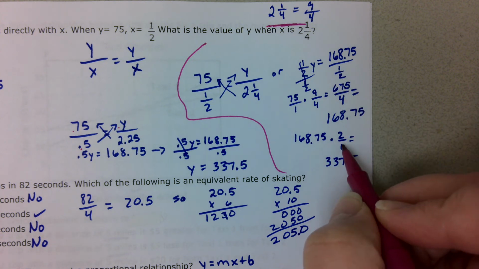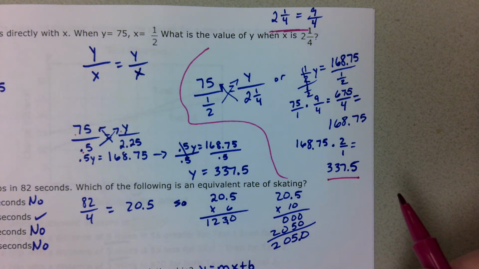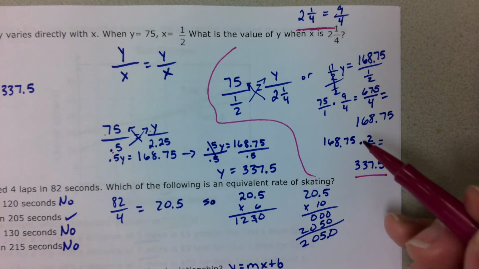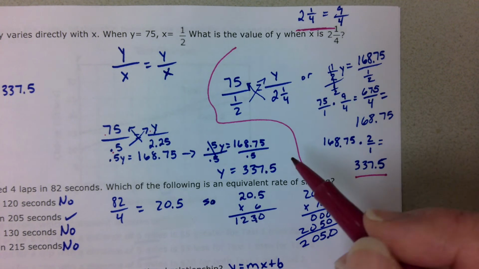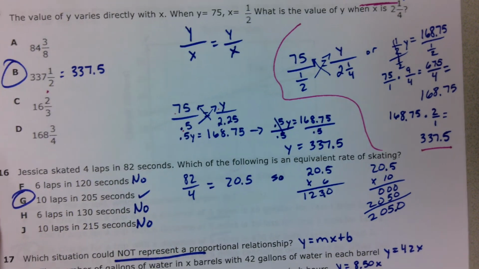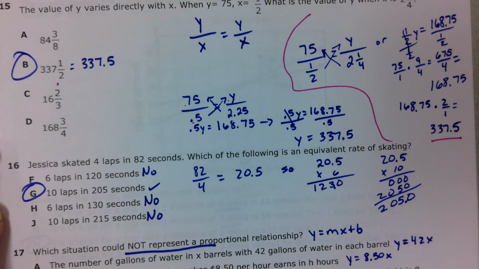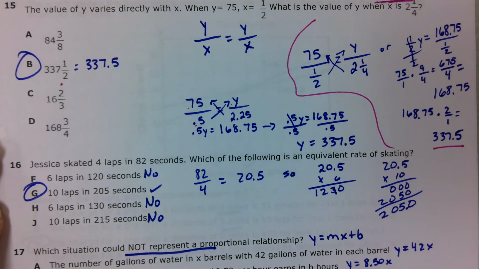Which is the same thing as multiplying by 2. So I still get 337.5. But again, you're likely to do better converting this to decimals and doing your operations with decimals. And then B, 337 and 1/2, is your correct answer for 15.